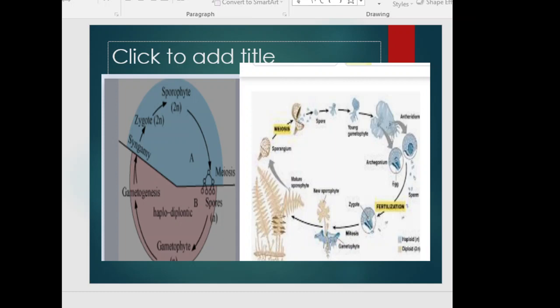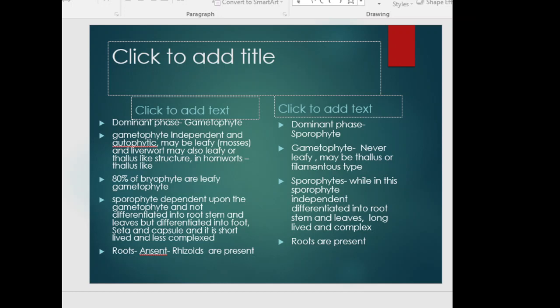So the difference is, main phase in the bryophyta is haploid, while in pteridophyta main phase is diploid. Already told you that the main phase in the bryophyta is the gametophytic, and the dominating phase in the pteridophyta is the sporophytic, that is 2n.